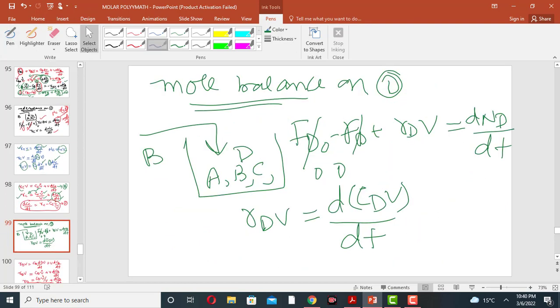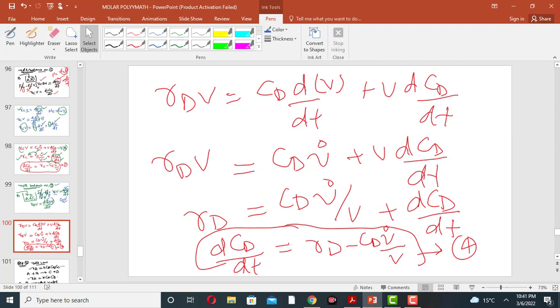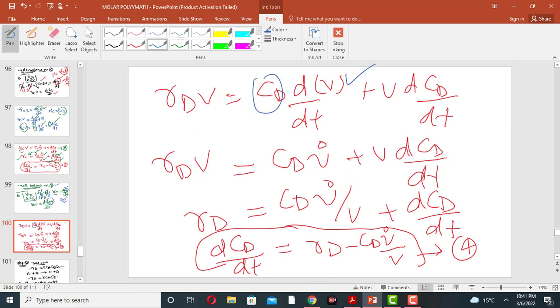Similarly, for component D, the mole balance on component D: D is not entering, D is not leaving, there is the rate of generation, and this is accumulation. So ND is nothing but the concentration of component D into the volume of the reactor. When we apply the product rule, this is the first function into the derivative of second plus second function into the derivative of first, and this dV by dt is nothing but the volumetric flow rate.